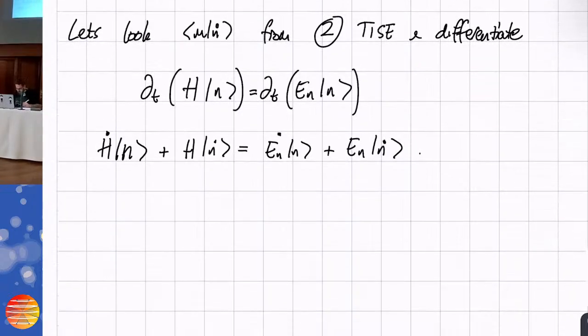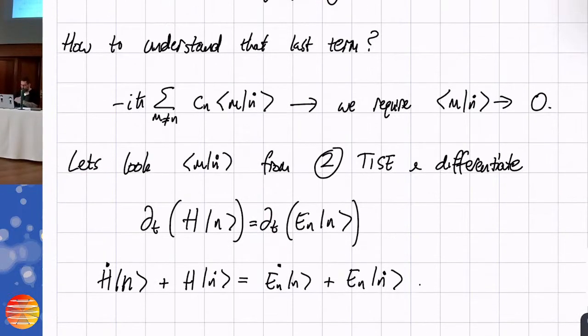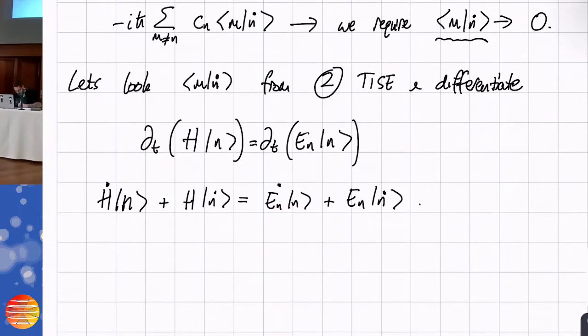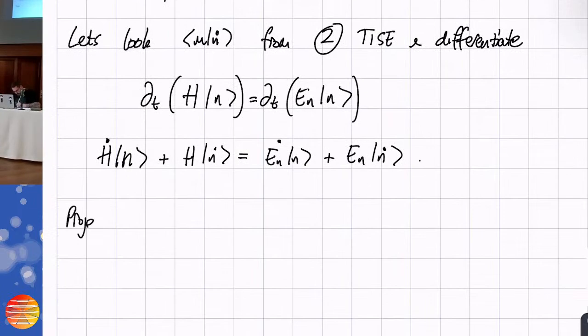And now, what do I want to check? I want to get this scalar product <m|ṅ>. So I do exactly what I did before. I'm going to project onto my mth eigenstate now and see what I get. So again, project onto m.